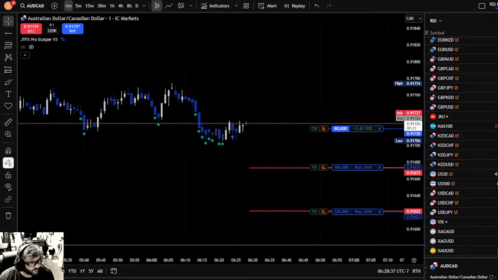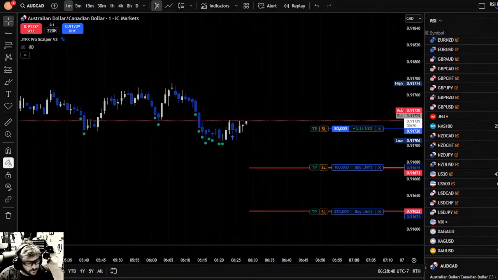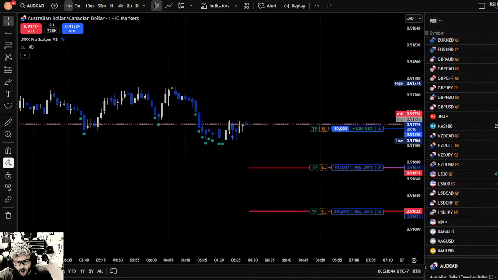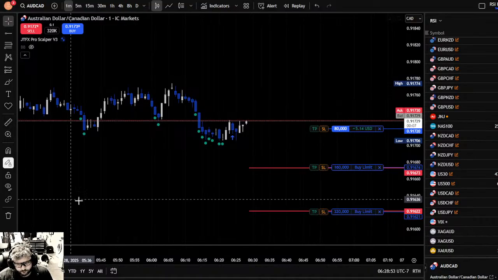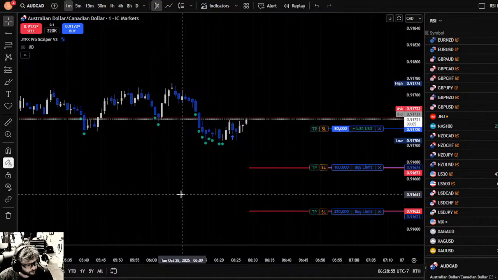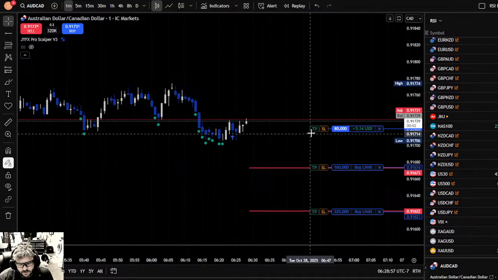Man, we should have gone a little heavier. $3 trade isn't really that exciting, is it? We're almost ready to get out of this trade. We're going to be exiting really soon.